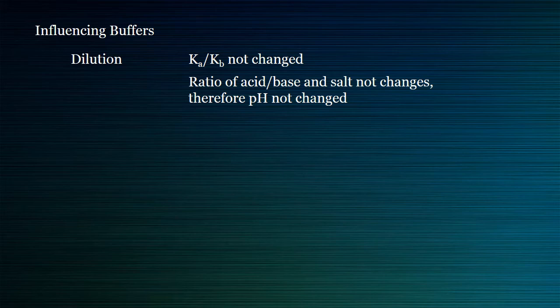What is affected is what's called the buffering capacity. The buffering capacity is how much a buffer can withstand, so how much it can absorb of additional acids or bases. So as you dilute a solution out, you are diluting the effect of the buffering capacity, and therefore you're decreasing its ability to absorb additional acids and or bases.